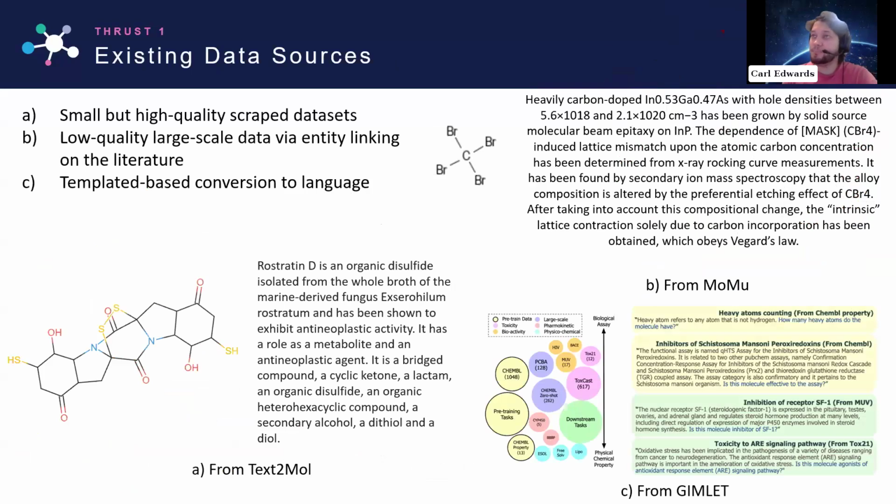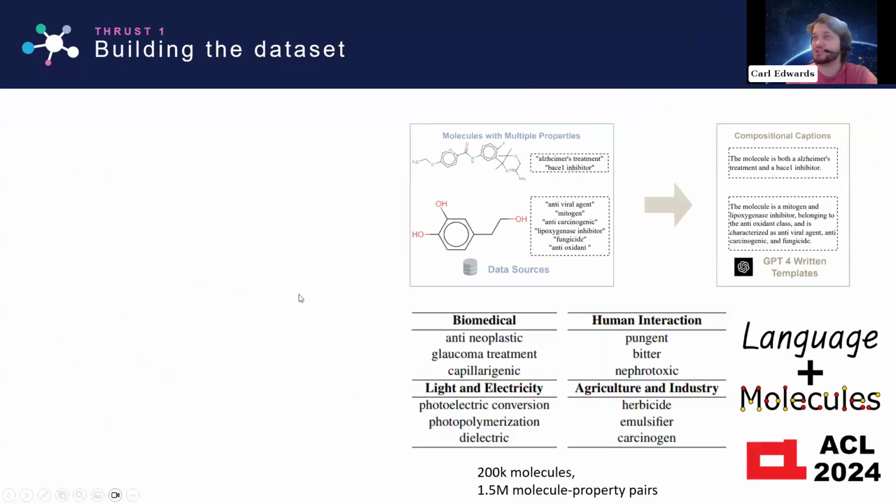At this point in time, a key piece of background information is that I would generally have categorized existing data sources as either small but high quality and scraped from somewhere like PubChem, or lower quality but large scale, by doing entity linking on the scientific literature or by doing a template-based conversion to natural language, where you take a non-language task and convert it into a question in natural language, and then you can do this across thousands of tasks to really enable a lot of interesting multitask capabilities. But yeah, let's look at the data set.